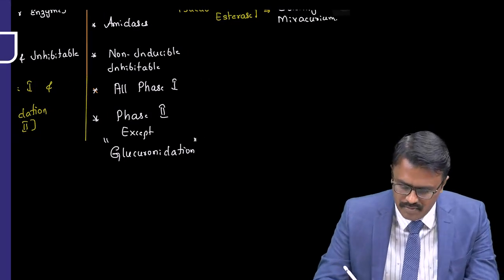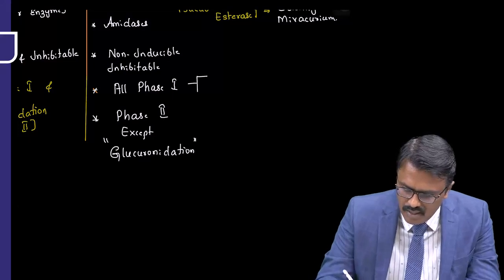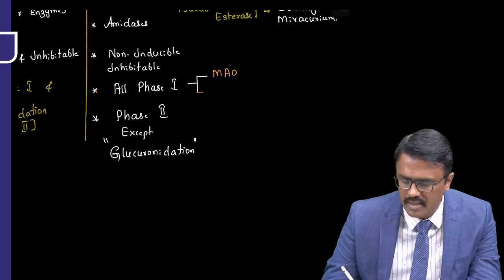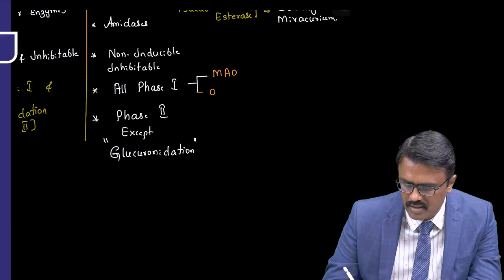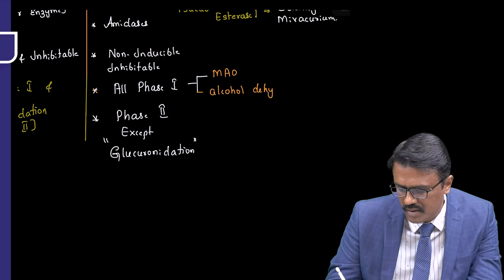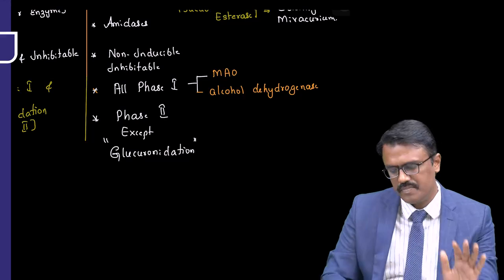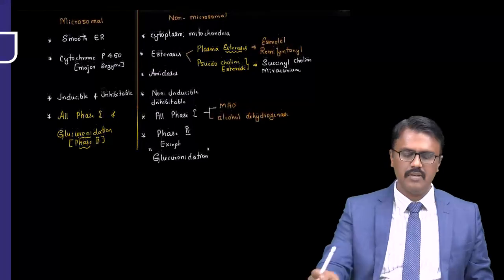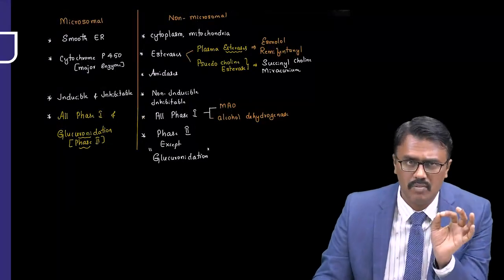A classical example of phase 1 I will give you. There are enzymes called MAO, monoamine oxidase, and an enzyme which will metabolize alcohol, for example, alcohol dehydrogenase. So these are non-microsomal enzymes. You have studied that in biochemistry. Microsomal enzymes are mainly cytochrome enzymes.